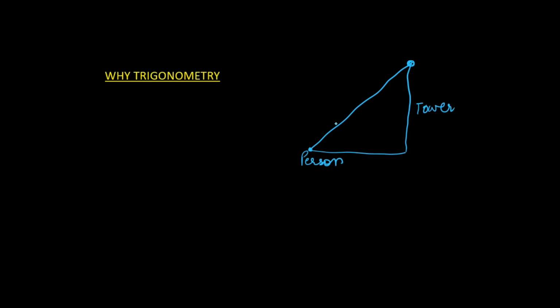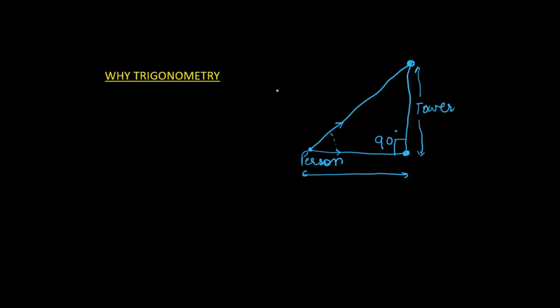This is the direction in which the person is looking. This is the horizontal eye level. We see that the tower and the eye level of the person form this 90-degree angle. So isn't this a right angle triangle? Can we apply trigonometry to it? Yes, we can. If we know this angle, then we can figure out the height of the tower. Or maybe we can figure out the distance of this person from the base of the tower.